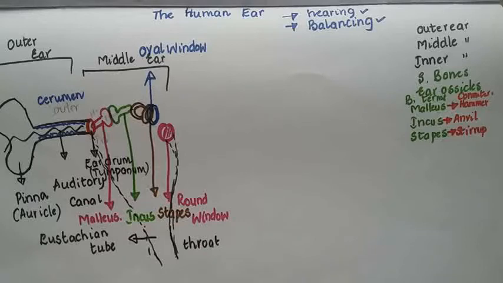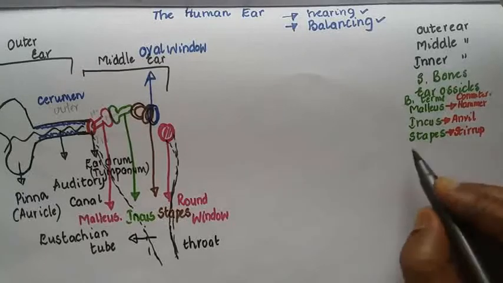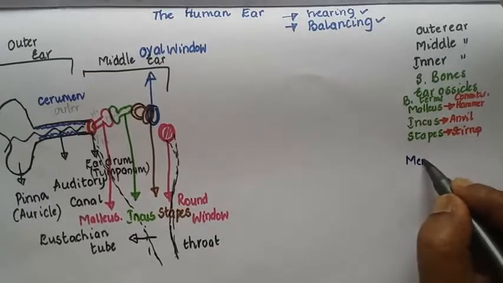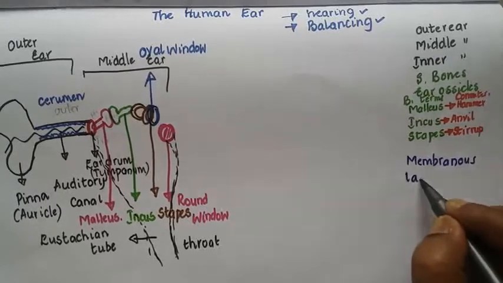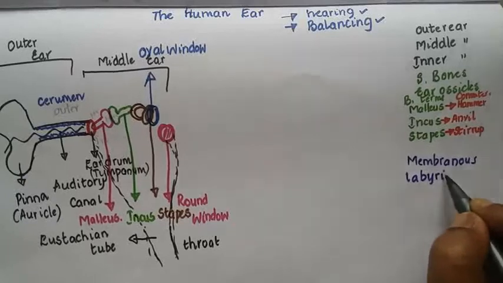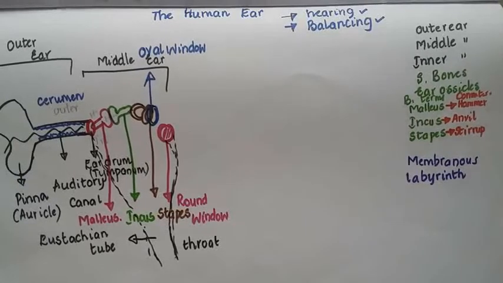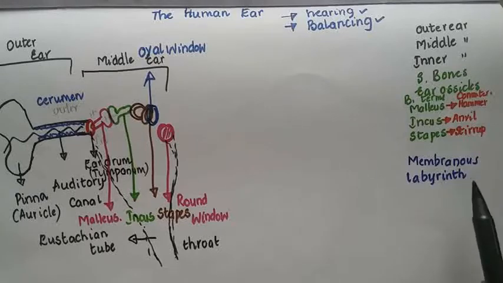Now let us start with the inner ear. The inner ear comprises two main parts. The inner ear is also known as the Membranous Labyrinth. So what is the other name for the inner ear? The inner ear is also known as the Membranous Labyrinth.